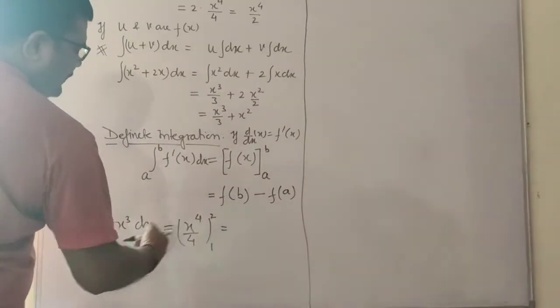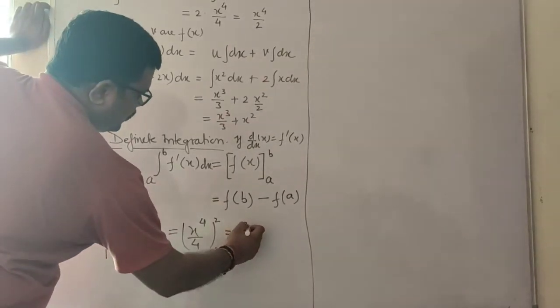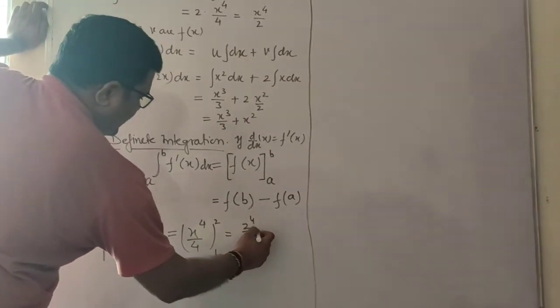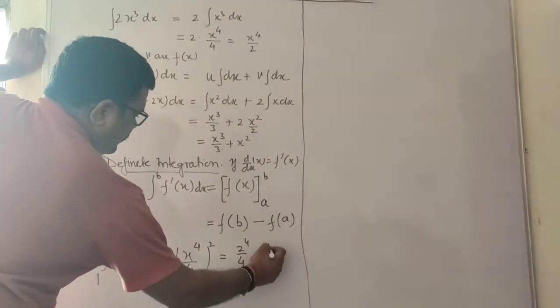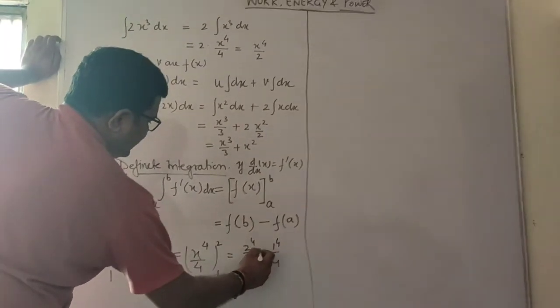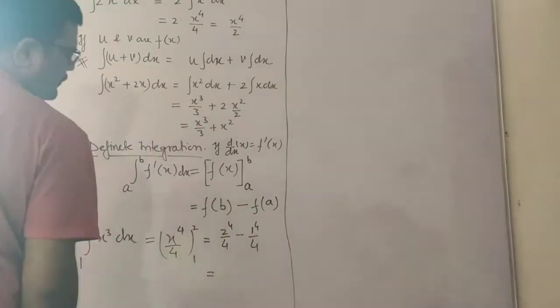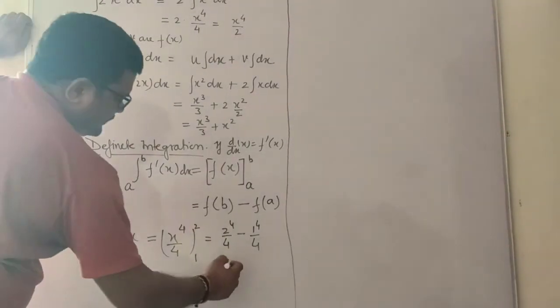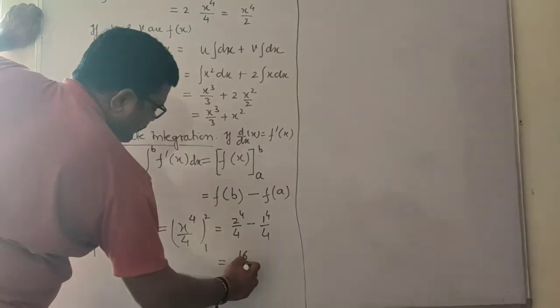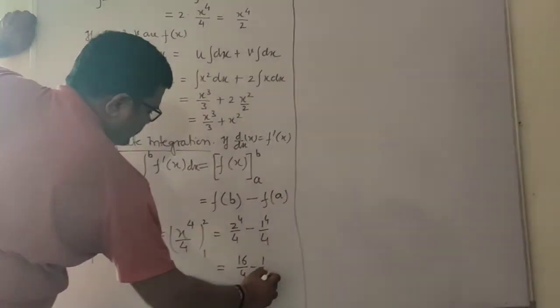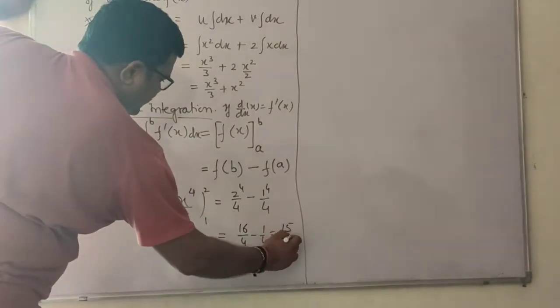Now put the upper limit in place of x, so it will become 2 power 4 by 4, and 1 power 4 by 4, and in between you will have a minus sign. So what is left? This is 16 by 4 minus 1 by 4. So you are getting the answer as 15 by 4.